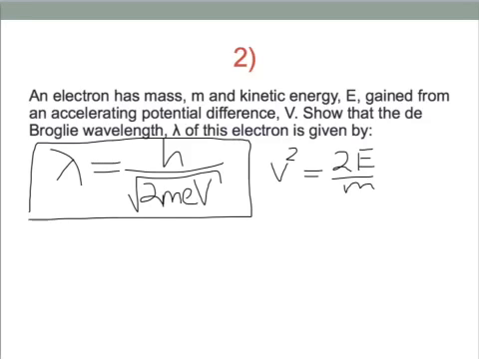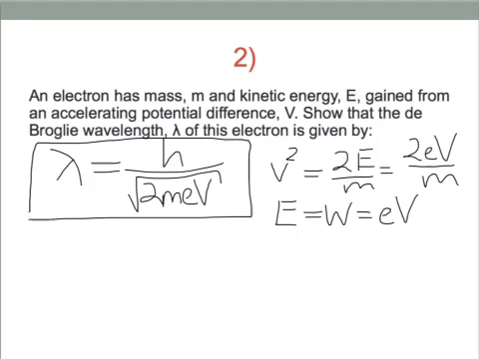And since we don't have the capital E in this equation, we need to find an equation to substitute for capital E, kinetic energy. Of course, we know this is equal to work done by the accelerating potential, which will be eV. So we can substitute eV for capital E in that equation there. So you get 2eV over m.